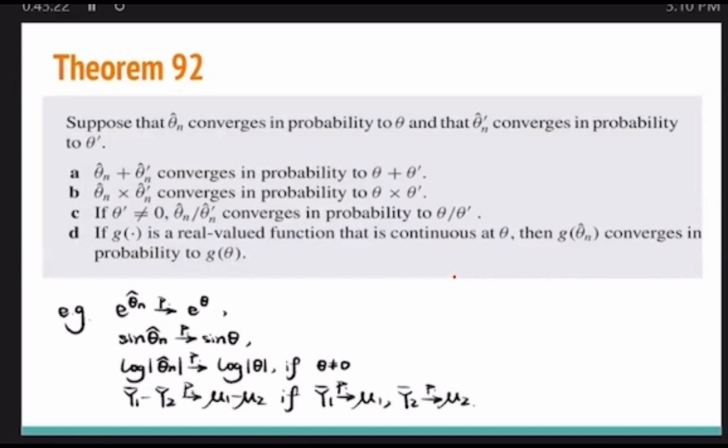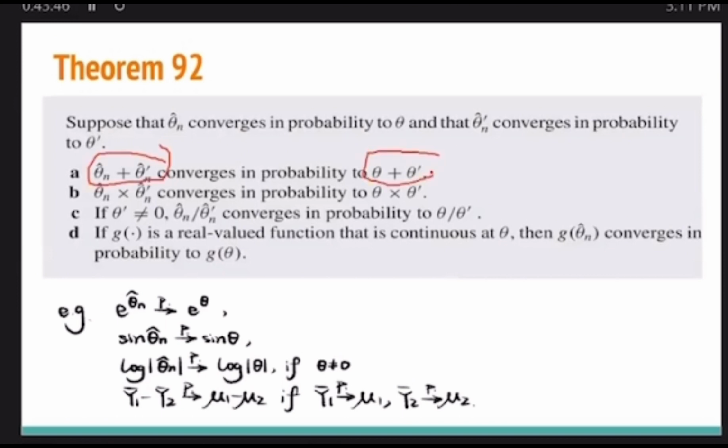Now, if the value of what they produce in this company converges to a value, and the value of what they produce in another company converges to a value, and I'm now interested in adding them, the addition of these two estimators will also converge to the sum of the parameters.